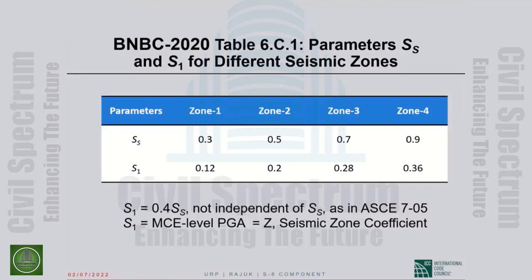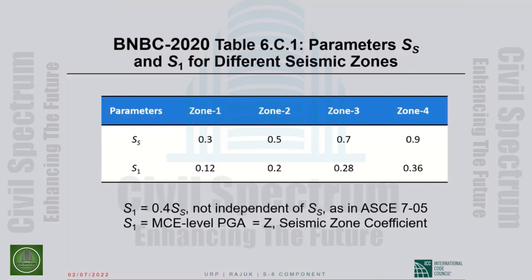So you have the seismic zone map for Bangladesh, and this table in Appendix C tells you that if your site is in Zone 2, Dhaka, then your S sub S is 0.5 and S sub 1 is 0.2. Very simple. There are no contours and things like that.